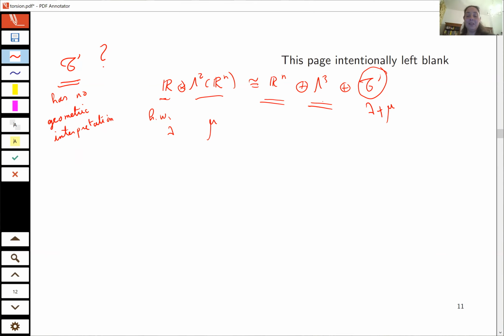Okay, but since this is the largest part, the open question is, and there have been a few first papers on that, but not many, what can be said about this last part? What are geometries where it plays a role? When is this of interest?